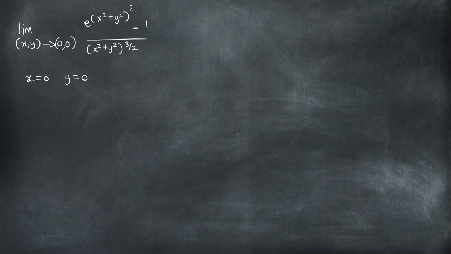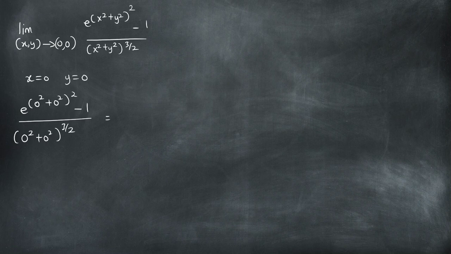So let's do the substitution here. We are going to have e to the power 0 squared plus 0 squared, all squared, minus 1, all this divided by 0 squared plus 0 squared to the power 3 on 2. So let's go ahead and simplify this.